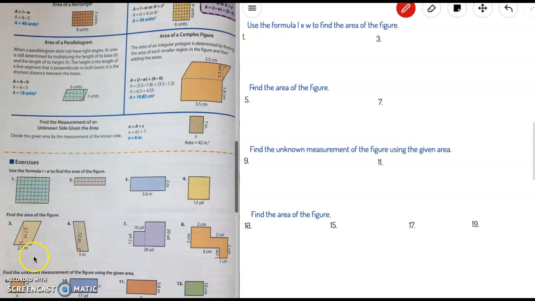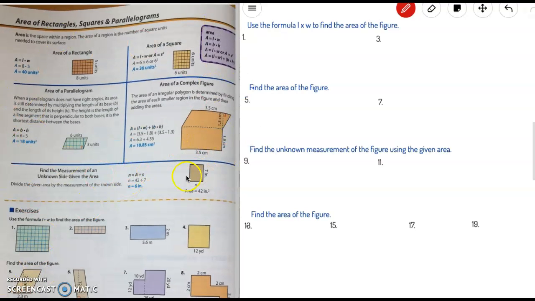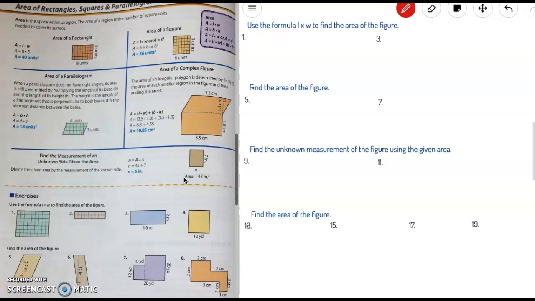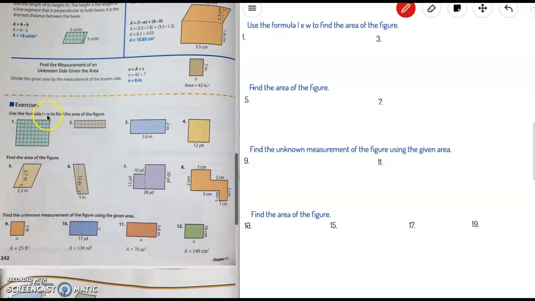Page 242. If you want to take some time to read over this, of course, I recommend that you do that too. Use the formula length times width to find the area of the figure. Okay, so number 1, let's count the square units for the length. We got 1, 2, 3, 4, 5, 6, 7, 8, 9.